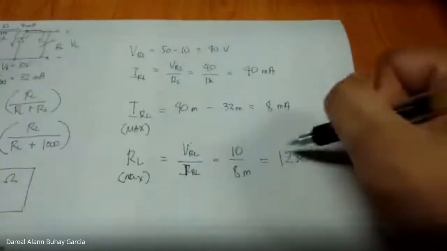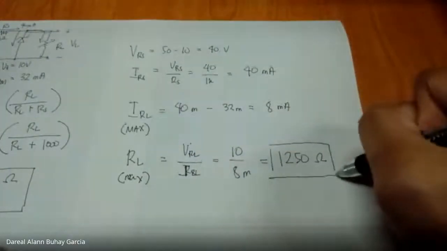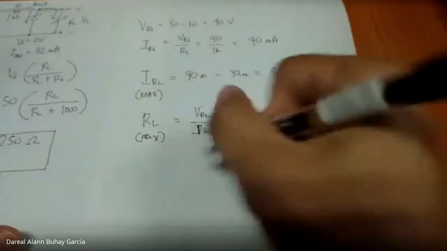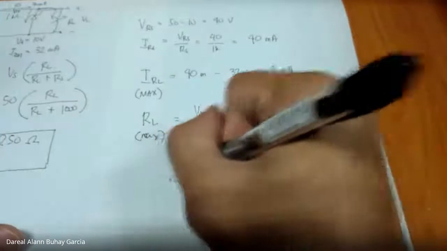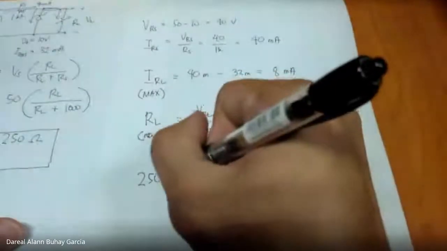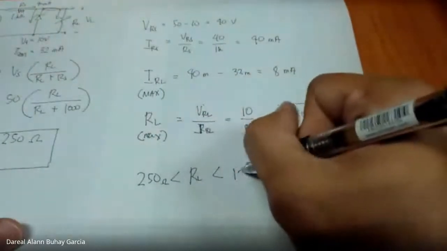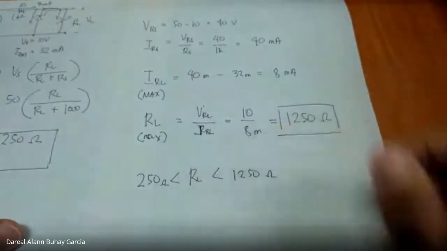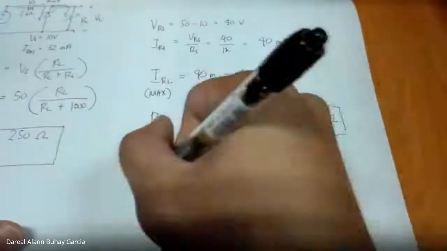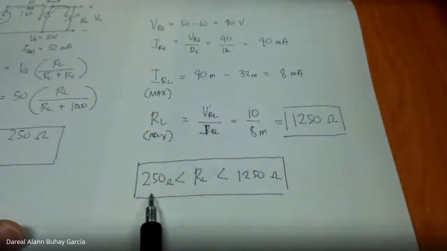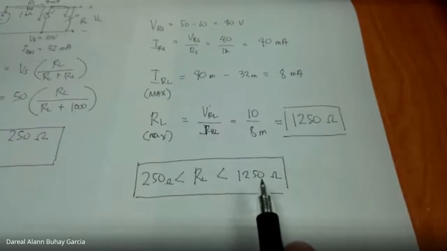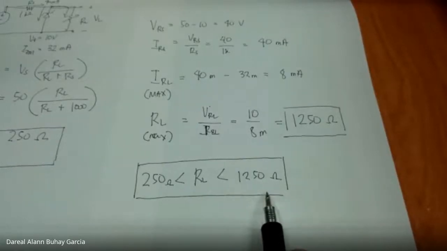Okay. So 1,250 ohms. Meaning our RL should be between 250 ohms and 1,250 ohms. Just enough to turn on and just enough so that our Zener diode is not destroyed. Okay?